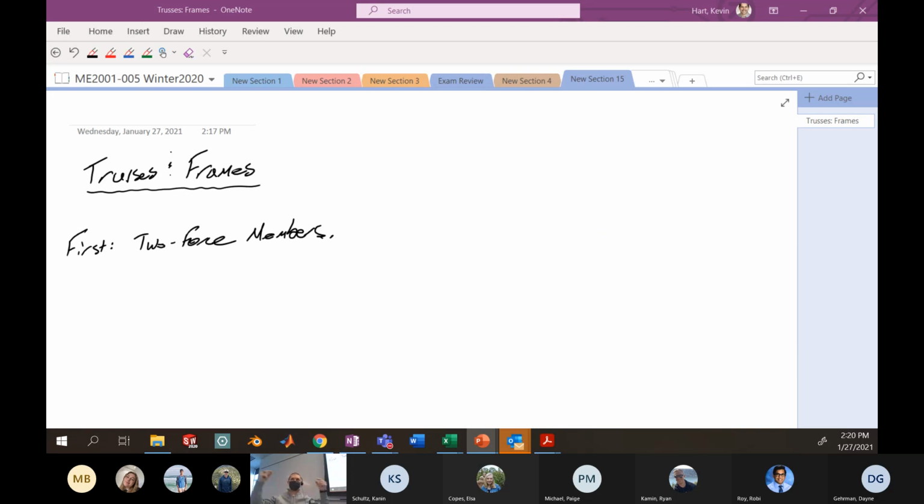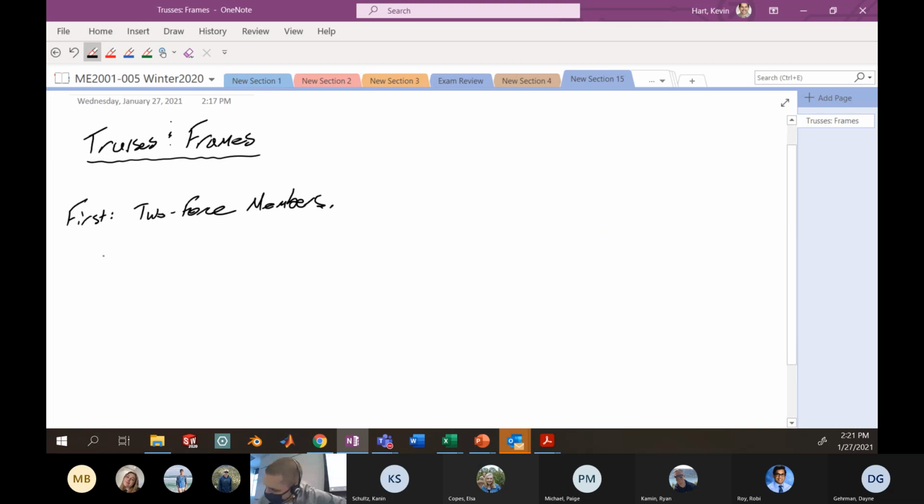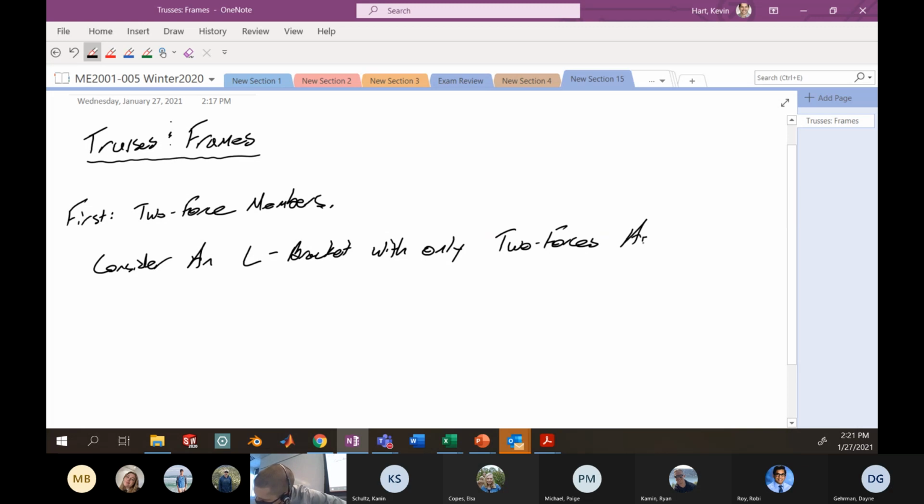So say you have some skinny rod or even an L bracket of some kind. So let's consider an L bracket with only two forces acting. Okay.